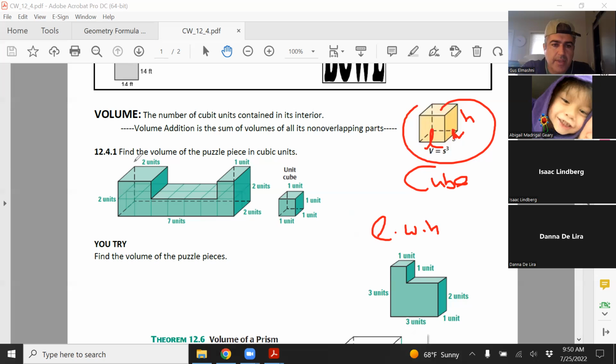So you can see here this kind of wacky shape, like a puzzle piece. Find the volume of the puzzle piece in cubic units. So if we look at that one there, I'm trying to understand this correctly. You could think of it like three different solids or three different boxes.